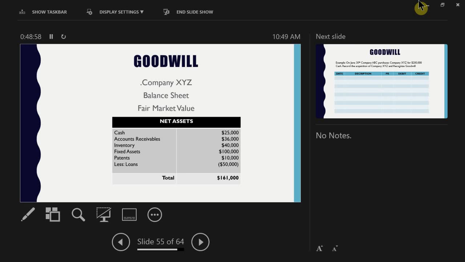Same thing with fixed assets. They can sell off their fixed assets. On their books, they say it's $56,000. If I go out and sell those fixed assets, it's going to be worth $100,000. And then they've also found out about patents.